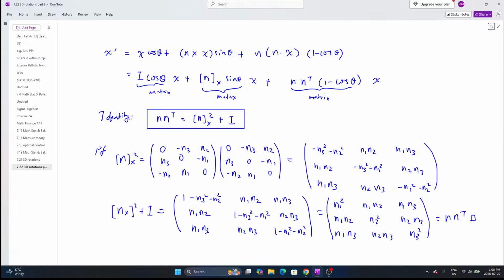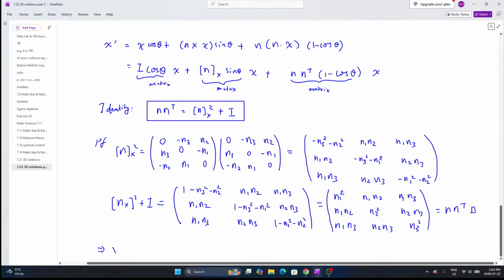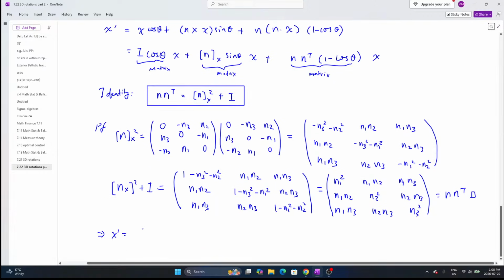Okay, so now let's keep simplifying. Therefore, x transpose, so far, you get I cosine theta times x. Actually, we can factor x to the right.